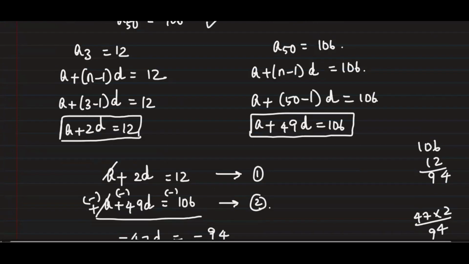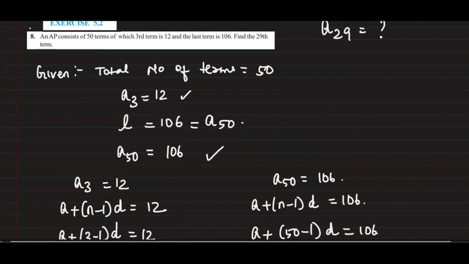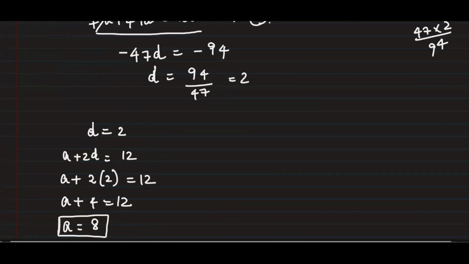Now we should find A31. Sorry, we should find A29. So basically we should find the 29th term. Now A plus N minus 1 into D. So here A is 8. So 8 plus, N is 29, 29 minus 1 into D, the D value is positive 2.